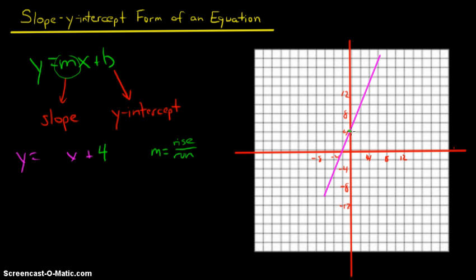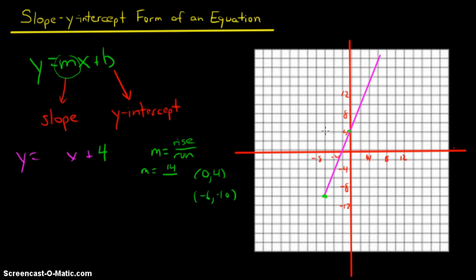Well, this point I know for sure. Okay, this point is 0, 4, and this point here I know is going to be -6, -10. So the question is, the rise and the run from here to there. Well, the rise is going to be from -10 to 4, which is 14.